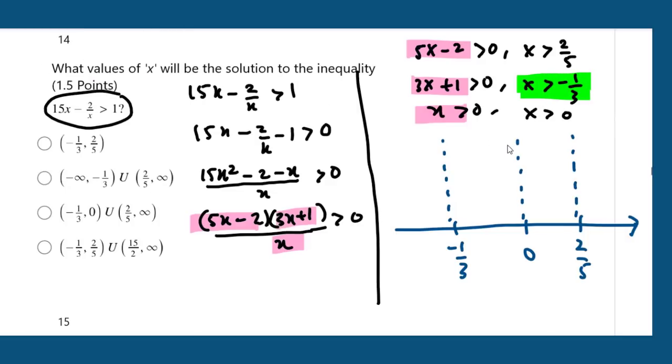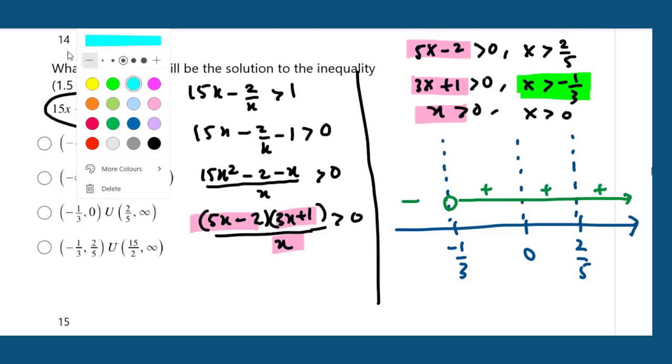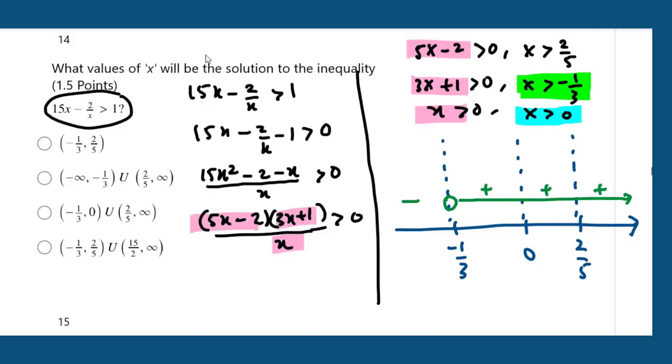For this one, x more than negative 1/3, not included, to the right the line shows positive, no line is negative. Then x more than 0 is to the right, line positive, no line negative. Next, x more than 2/5 is to the right, line positive, no line negative.